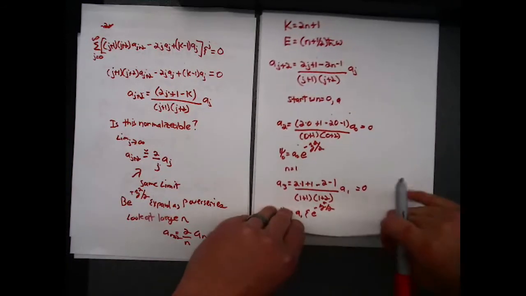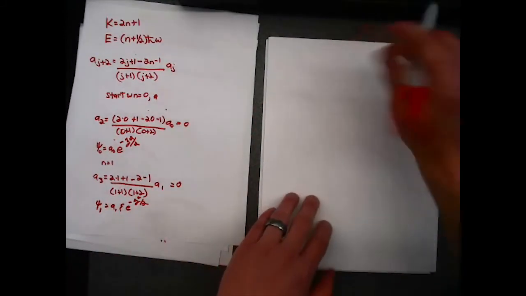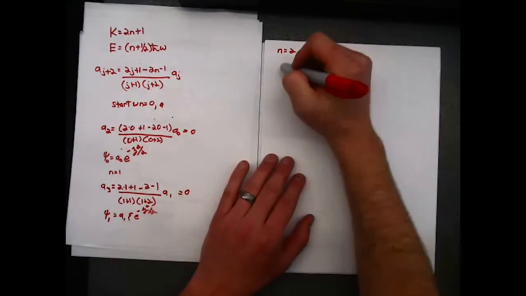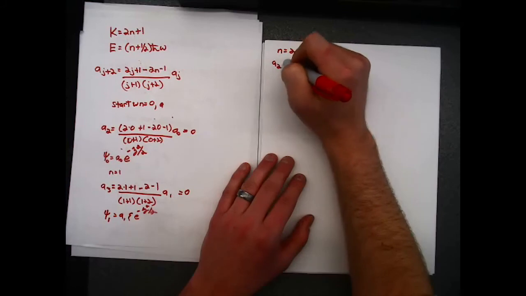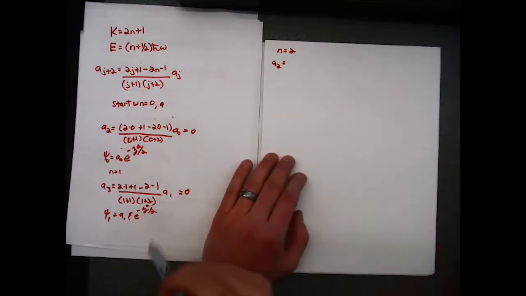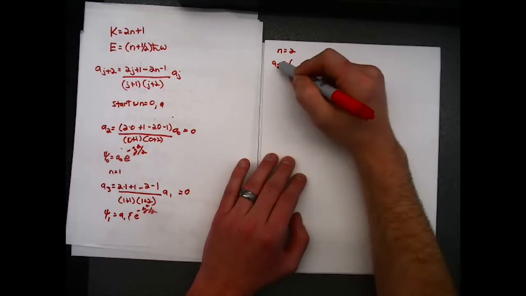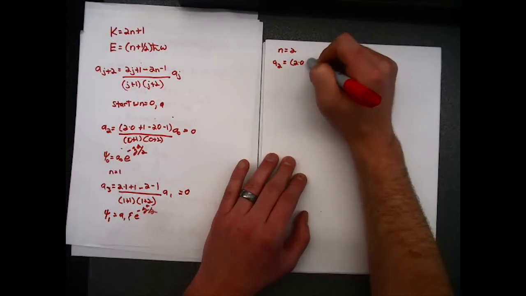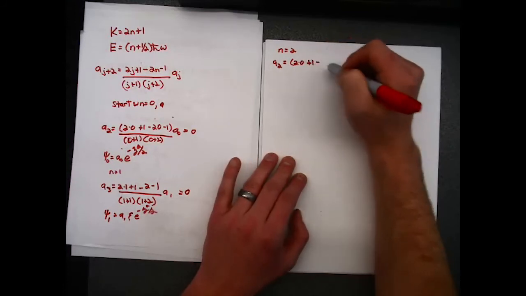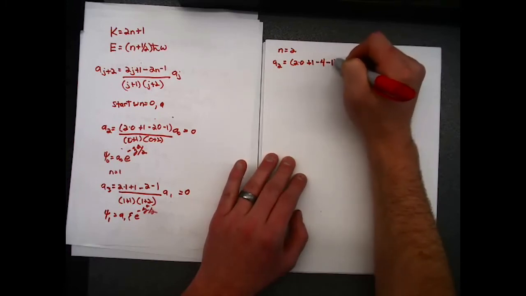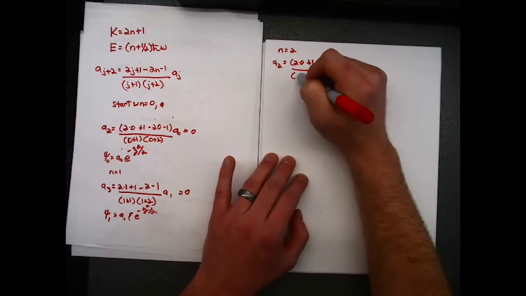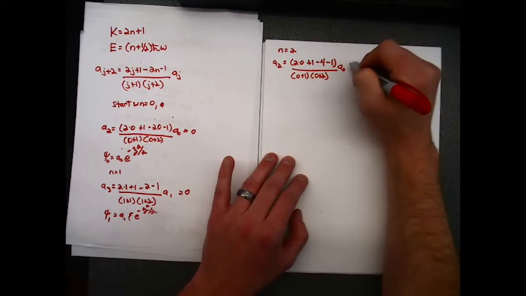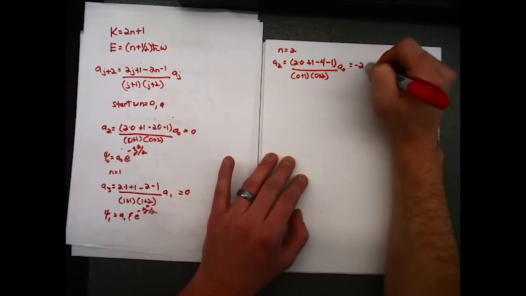Okay. Let's look at n equals 2. We're back on the even side, so we're going back to looking for what a2 is. Again, at this point this is a of j plus 2, so our j is going to be equal to 0. So 2 times 0 plus 1 minus 2n, that's going to be 4 minus 1 over 0 plus 1, 0 plus 2, a0, so that's minus 2 a0.